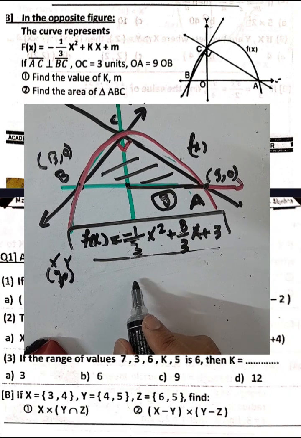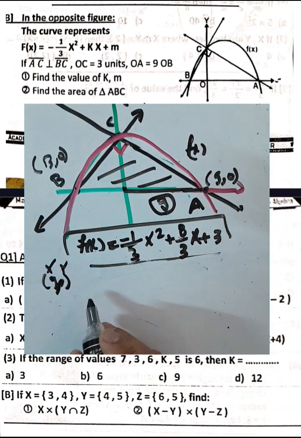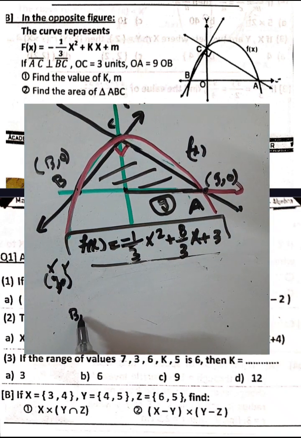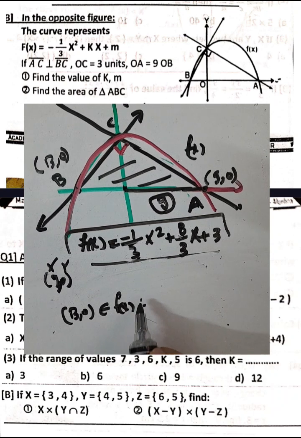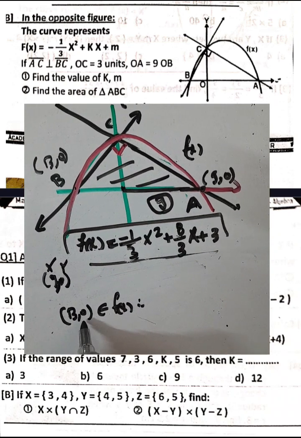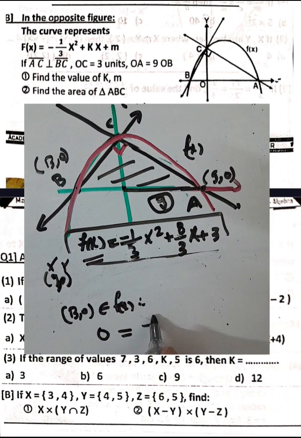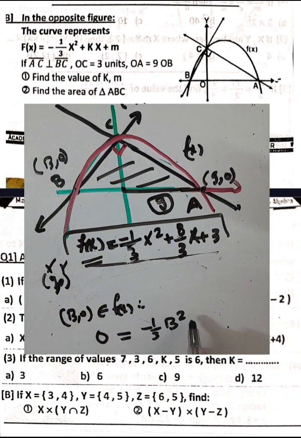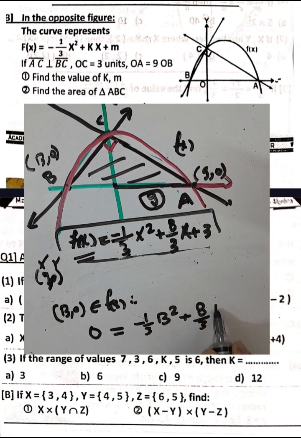We want to find the value of p here. Put a point (p, 0) that satisfies the function f of x. Then put y equals 0 in this function. 0 equals negative third p power 2 plus 8 over 3 p plus 3.